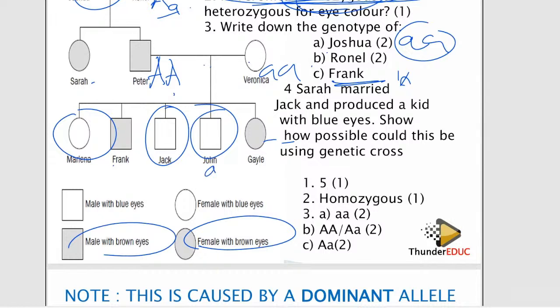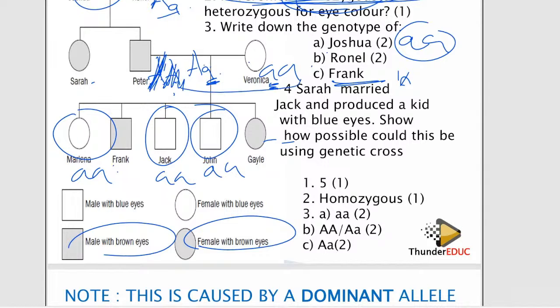They are blue eyes. So meaning that they are like this. So definitely Pira cannot be this. Pira is going to be small a. So one came from Pira, and another one came from Veronica. So now this is cancelled out.